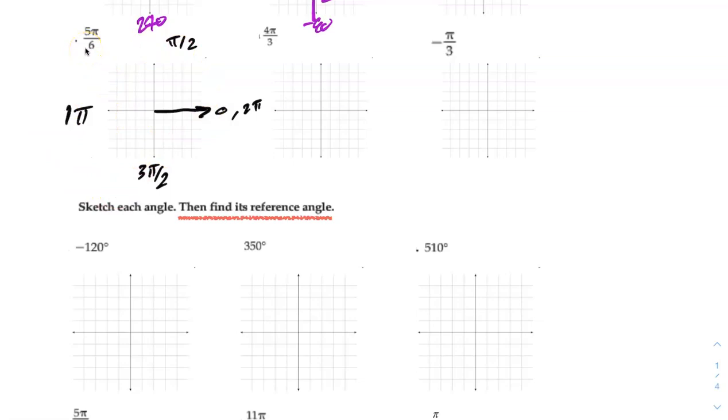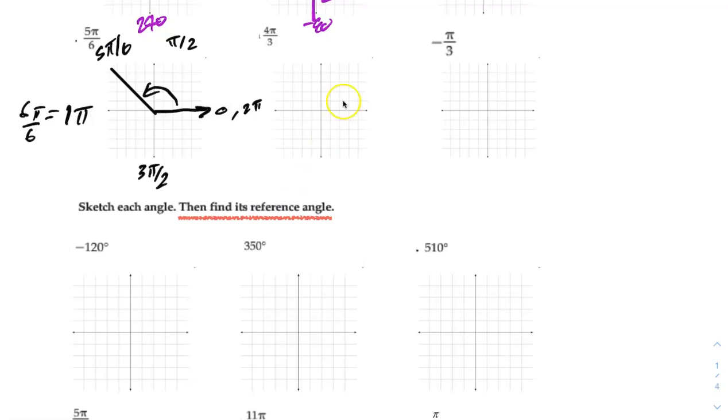Since this is 1 pi, I'm going to write that as 6 pi over 6. That's 1 pi, also known as 6 pi over 6 if you rewrite it in terms of 6. We're at 5 pi over 6, a little less, so we're in this quadrant, over here somewhere. That is a bad line. We're around there, so this is where 5 pi over 6 would be.